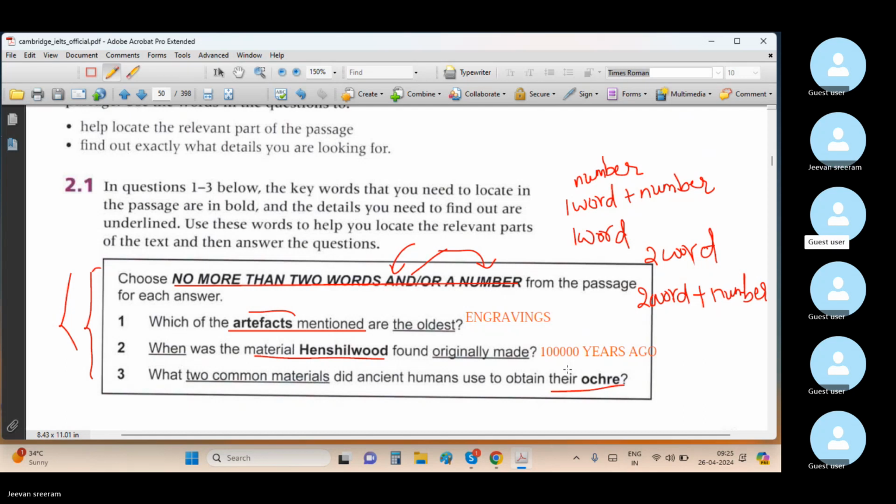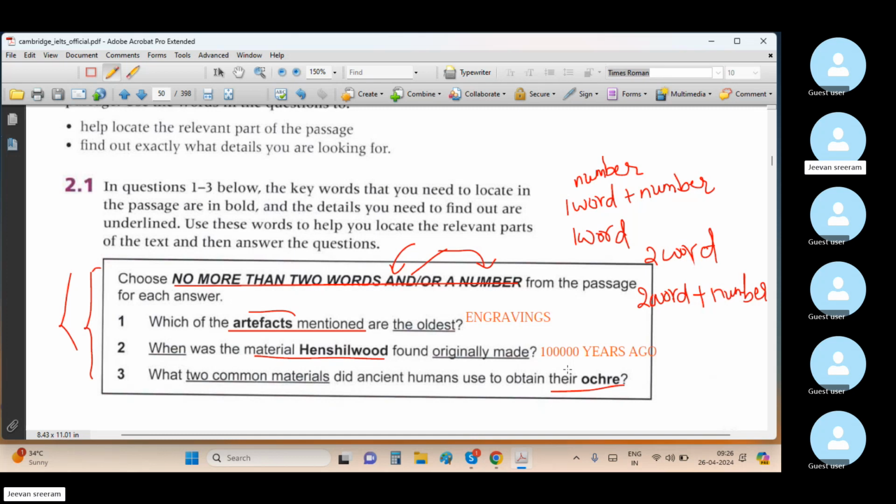It's a piece of earth or rock, correct. So the answer has not been given straight away. The term ochre actually describes a piece of earth or rock. It can give a sense that ochre is actually a kind of earth or rock.